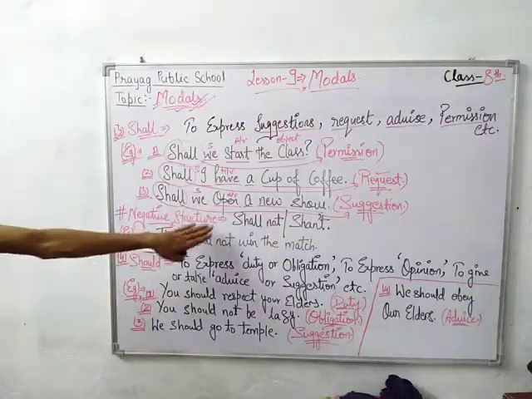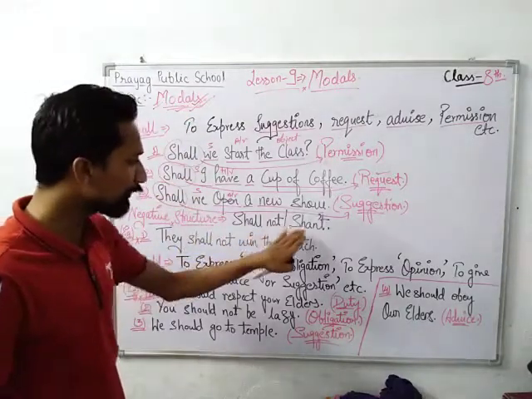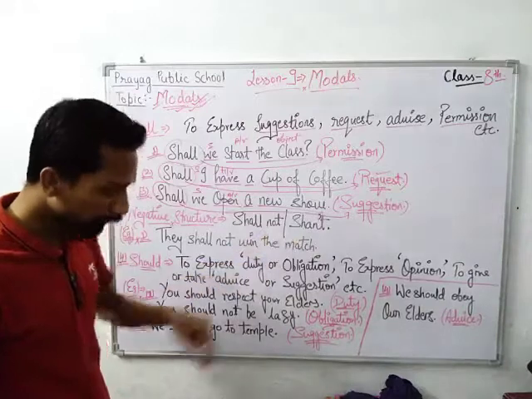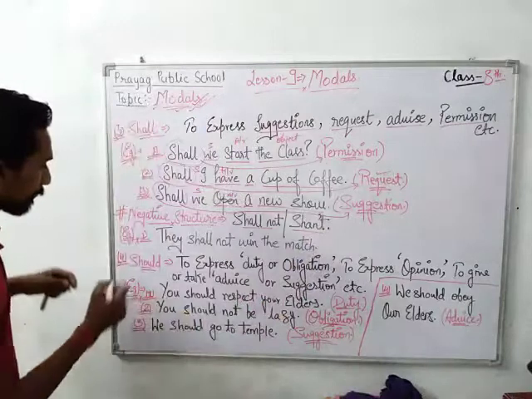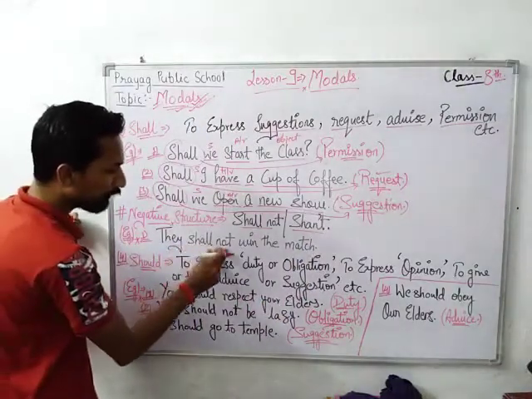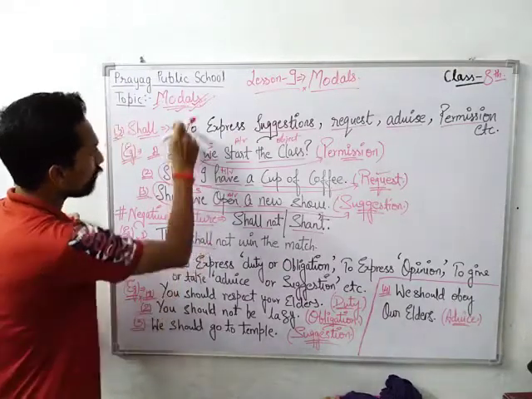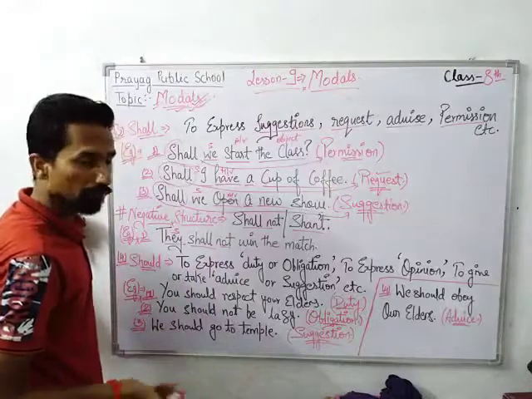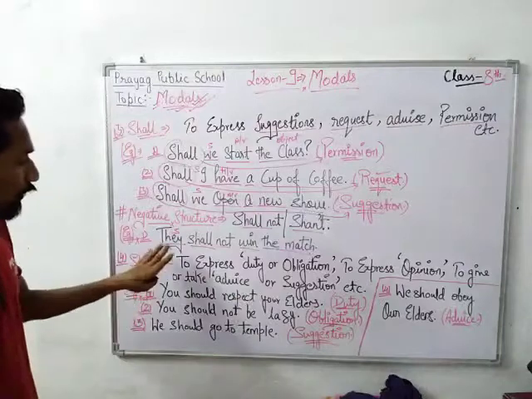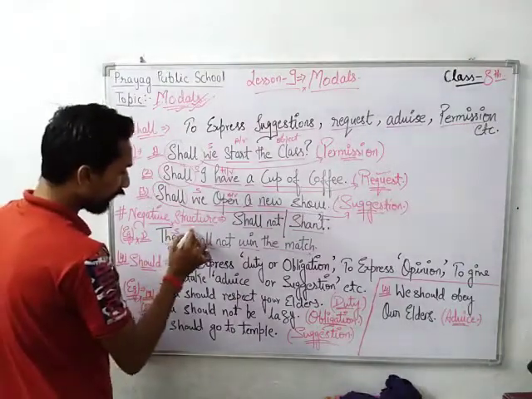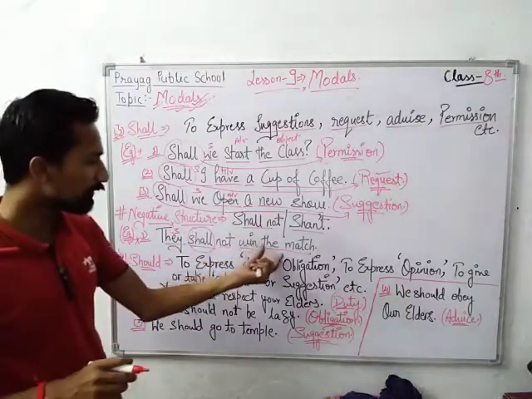So let's see the negative structure of shall under modal. Negative structure क्या होता है? Shall not या shan't, right? So example, they shall not win the match. They is the subject, shall is the modal, not gives a negative sense, win is the action verb, the match is the object, right? So again, what is shall expressing? You can say the suggestion or you can say the opinion.